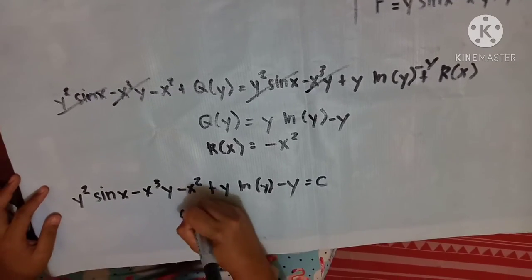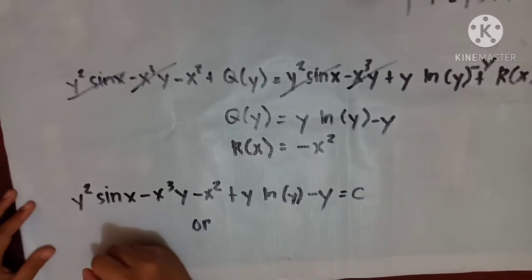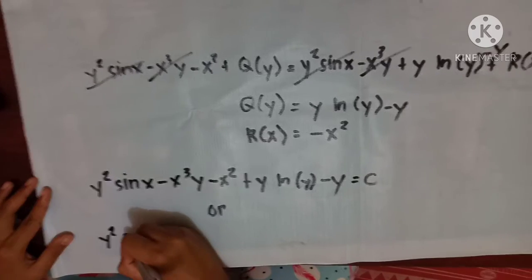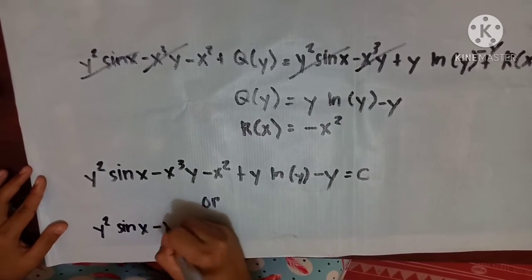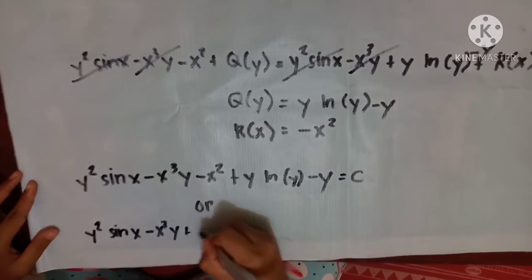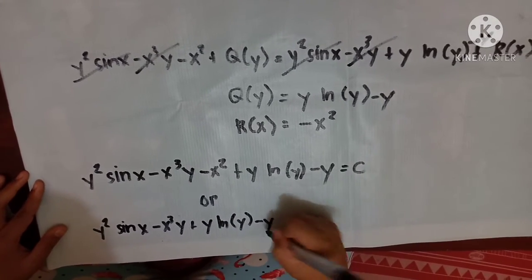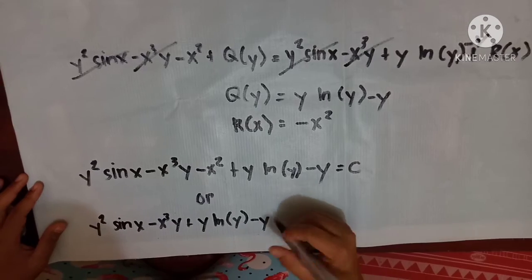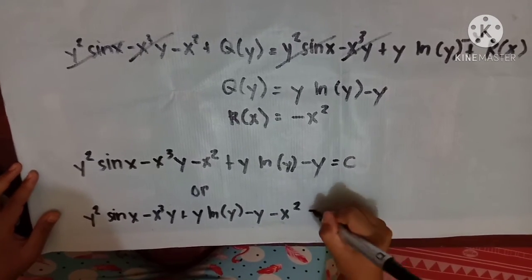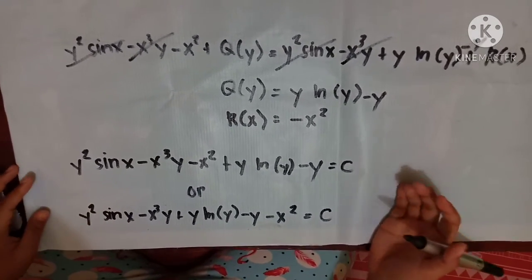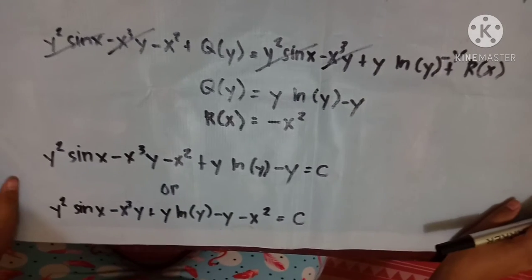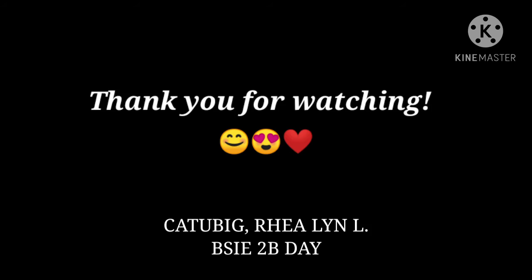Or we can have the other one, which is y squared sine x minus x cubed y plus y ln of y minus y plus our r of x, which is negative x squared, equals c. So this is our answer for the given exact differential equation.